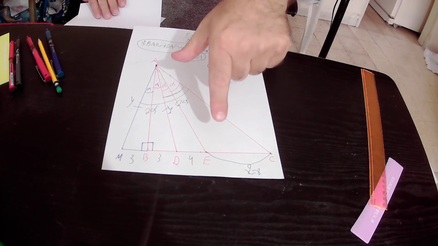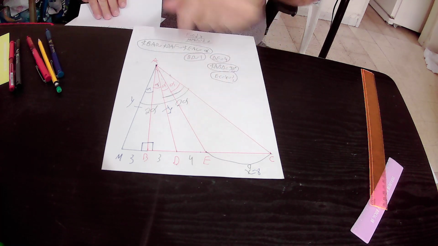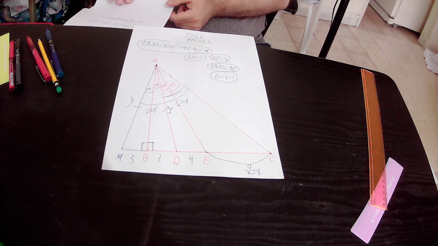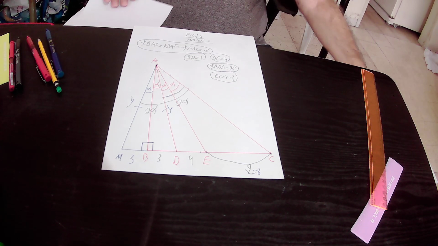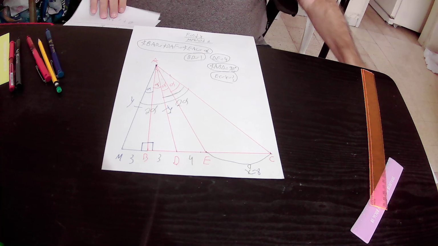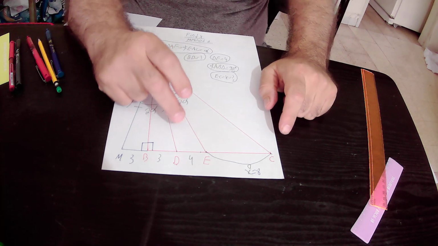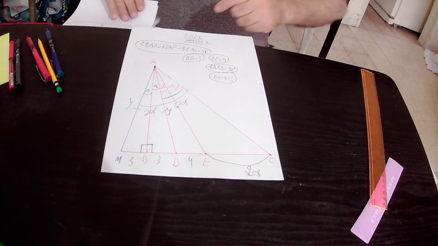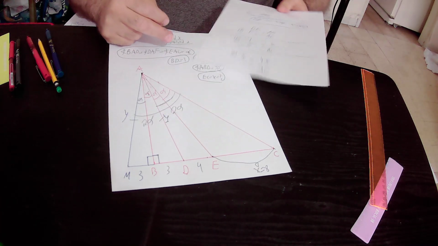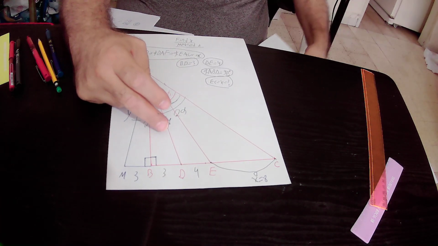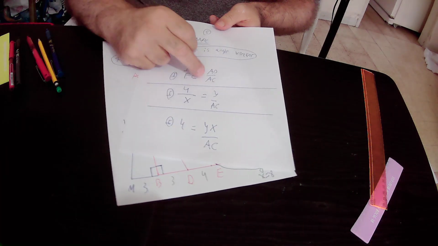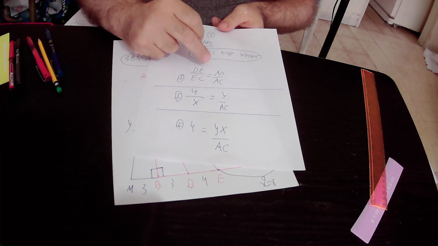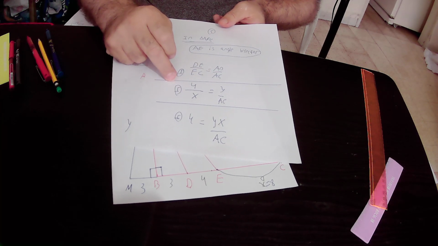We know that in triangle ADC, AE is the angle bisector, and therefore, according to the angle bisector rule, the ratio in which angle bisector AE divides DC, that is DE over EC, equals the ratio between the adjacent sides, that is AD over AC. And we know that DE equals 4, EC equals X, AD is Y. So we got this equation number 1.